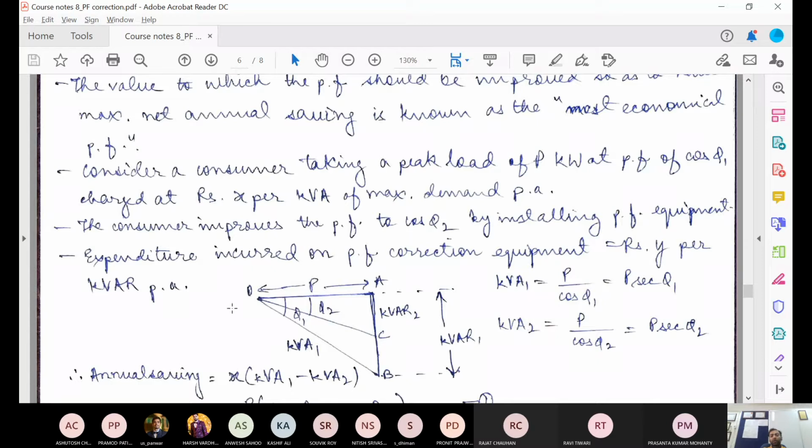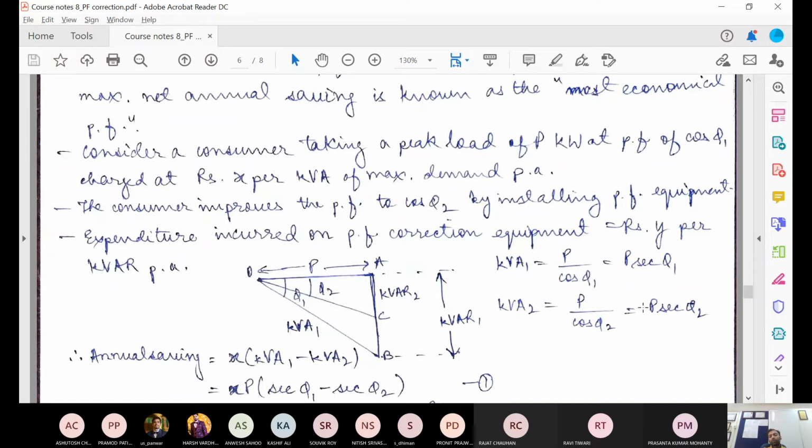And in the same way, your kVA2 is the hypotenuse of the smaller triangle, that means the side OC, not mentioned here. So from the triangle, we can write OC or kVA2 as P by cos phi 2, or equivalently as P sec phi 2.